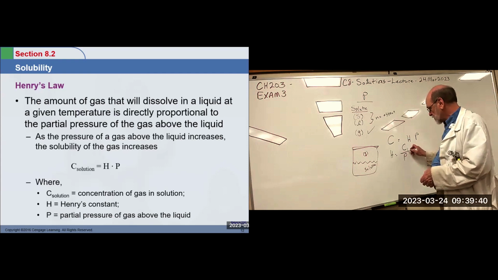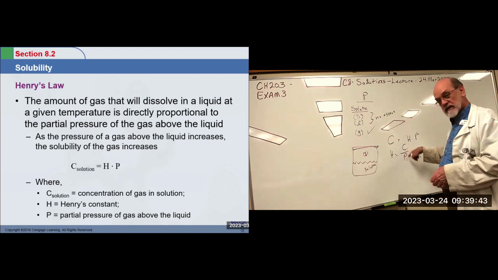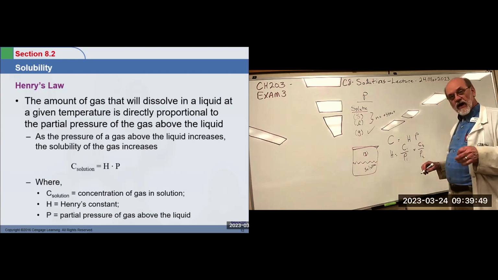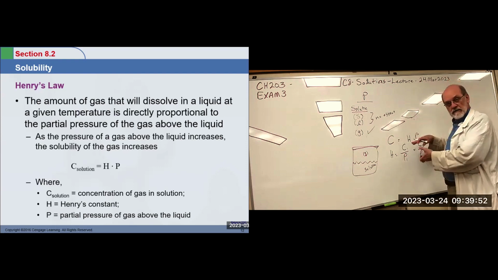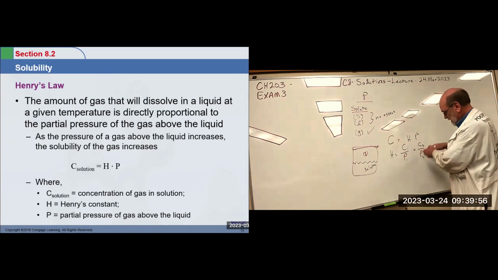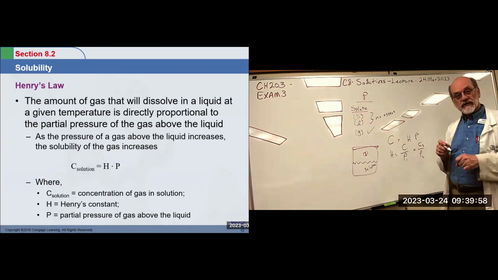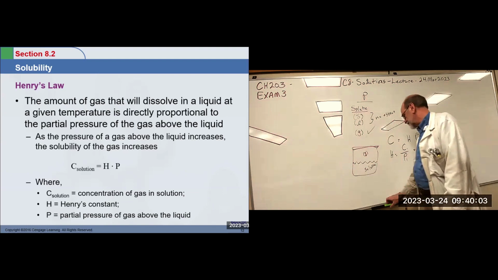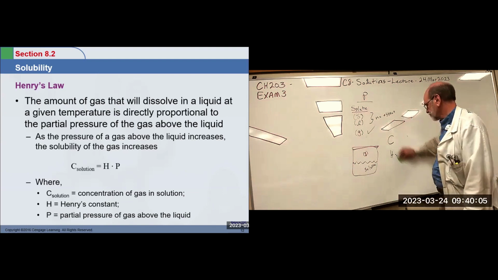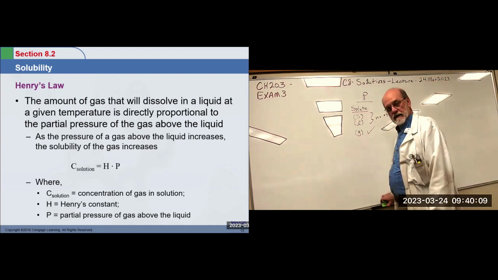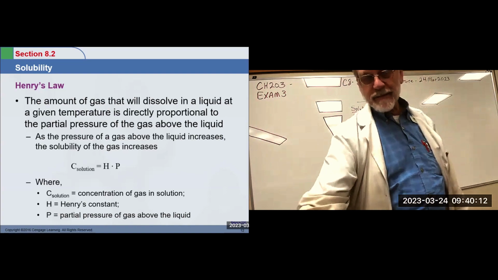So if this is your concentration at one pressure, this is your concentration at a second pressure, then all you have to do is change the volume here, squeeze it, get a different pressure, and you can predict the concentration of the gas in the solution. That's Henry's law. I believe that was his last name.